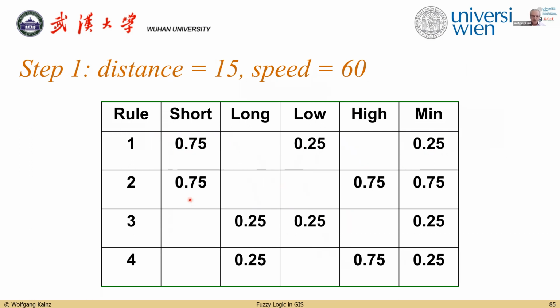The same way we do for rule number 2. Rule number 2 says short distance, high speed. So again, with the value of 15, we go into short distance, giving us the membership degree of 0.75. And then with the speed of 60, we go into the membership function for high speed, which gives us a membership value of 0.75.